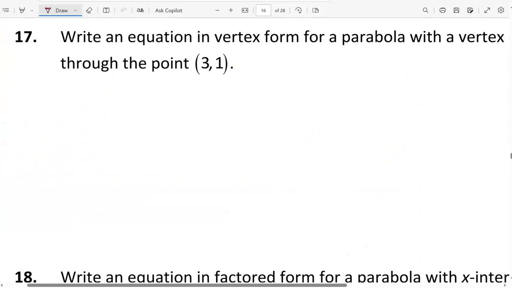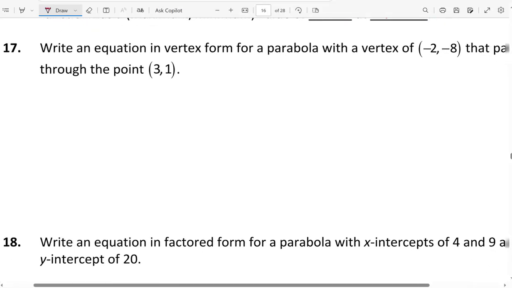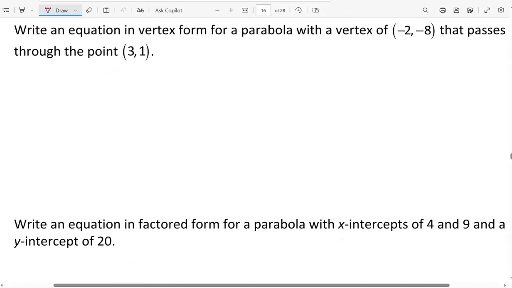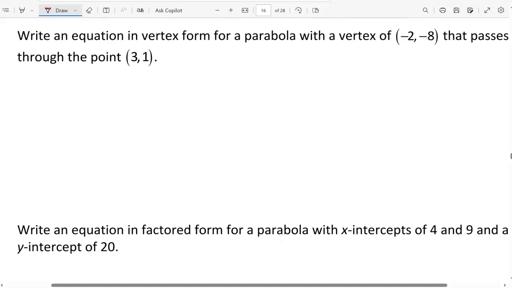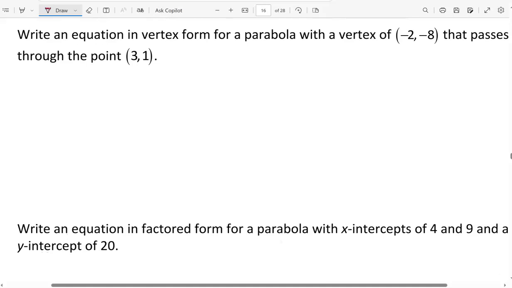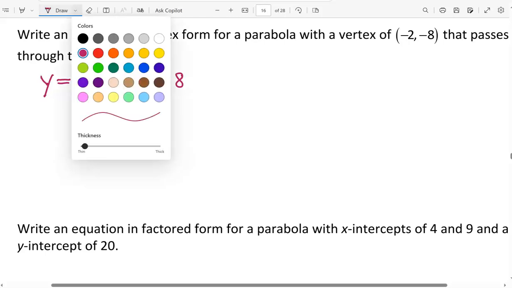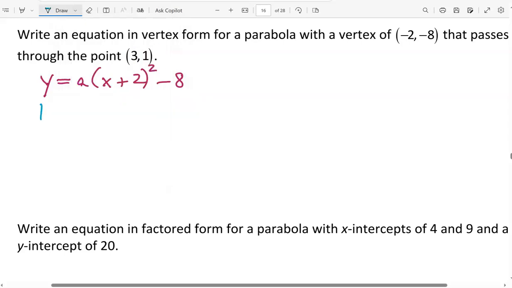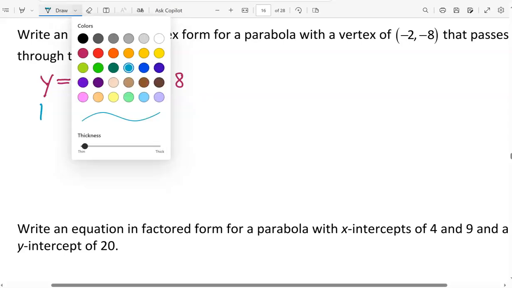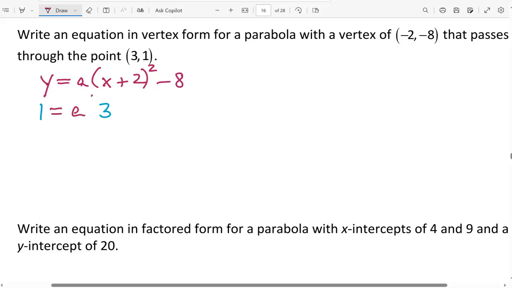In number 17, we are asked to write an equation in vertex form for a parabola with a vertex of (-2, 8) passing through the point (3, 1). So y is equal to a times (x + 2) squared minus 8. That's our vertex form. We can use our extra point that has a y coordinate of 1 and an x coordinate of 3 to find the value of a.